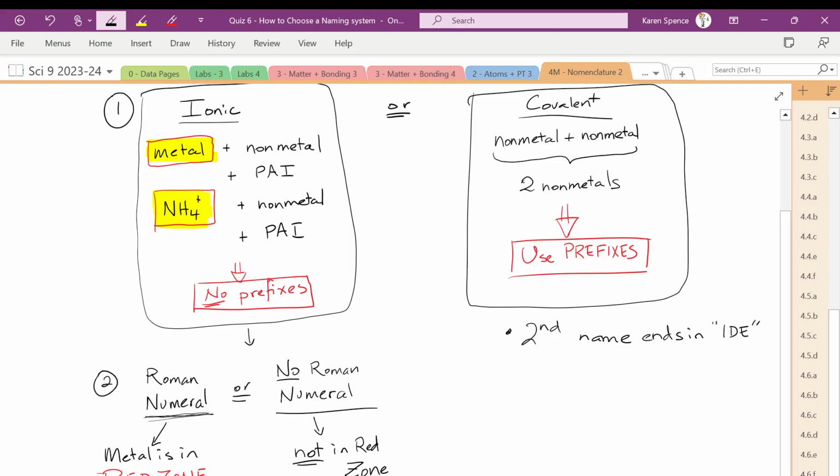That's covalent. Do you remember any of the prefixes that behave in a sort of different manner than all the others? Mono. What's different about mono from all the other prefixes? Tell your partner what you remember of that.